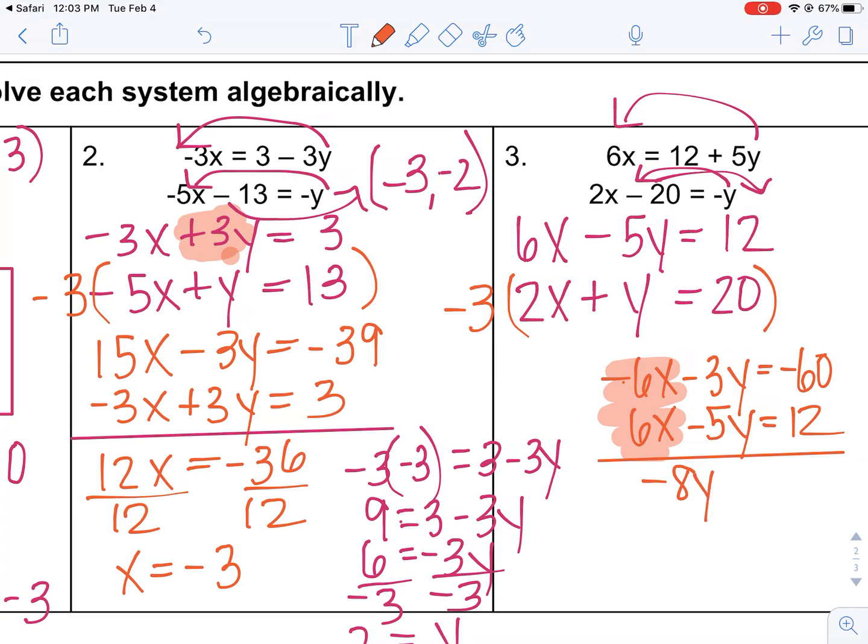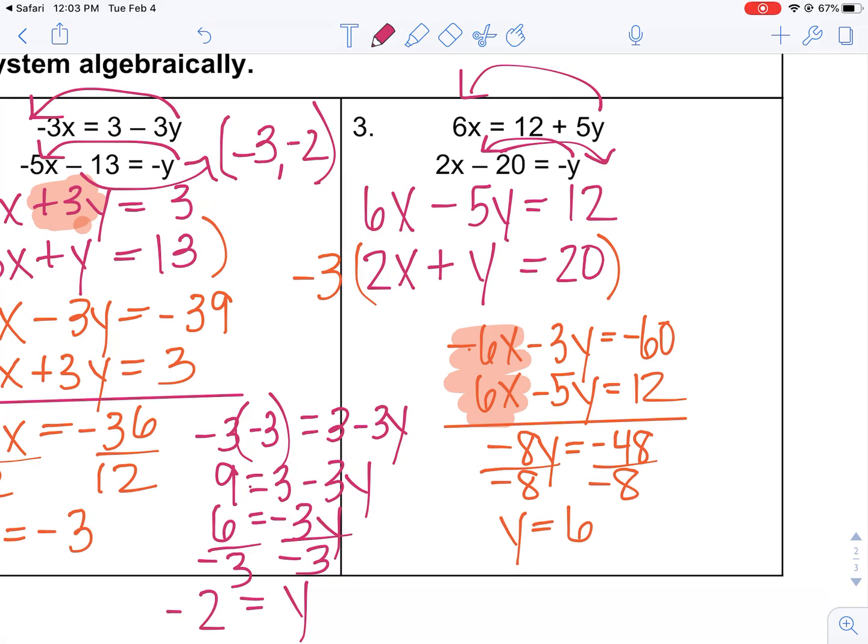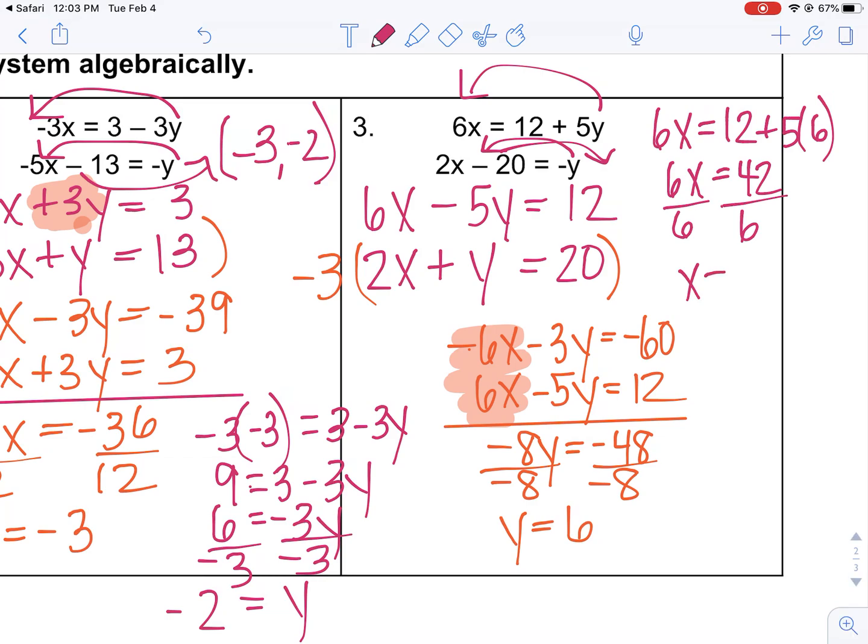That gives me negative 8y equals negative 48. And when I divide by negative 8, I get y is equal to 6. Again, I'm going to plug that 6 back in for y. So I get 6x equals 12 plus 5 times y. 6x equals, that's 30 plus 12 is 42. I did that all in one step, and x is equal to 7. So my solution set is 7, 6.